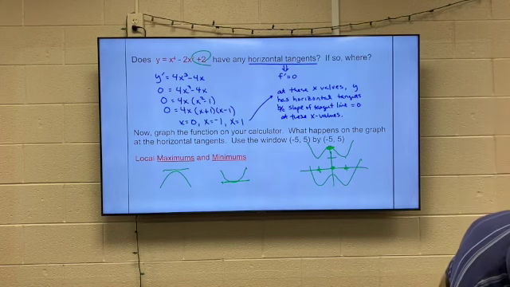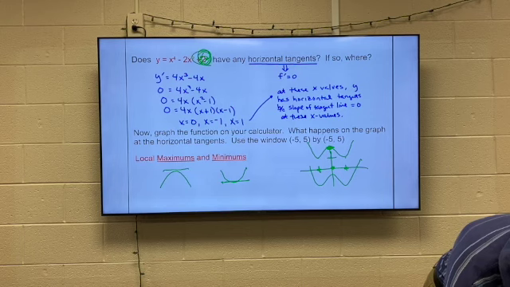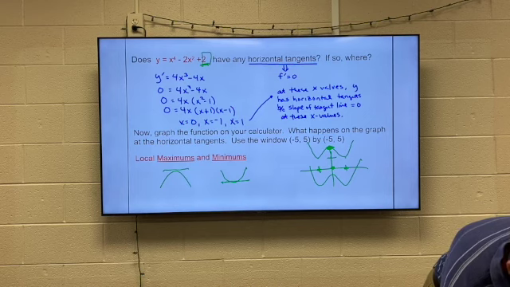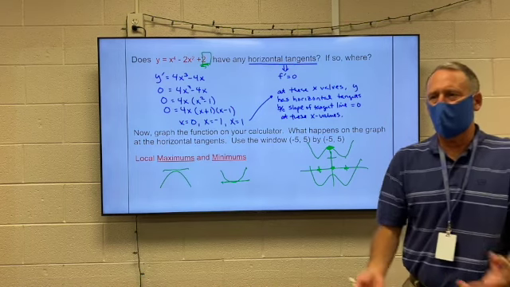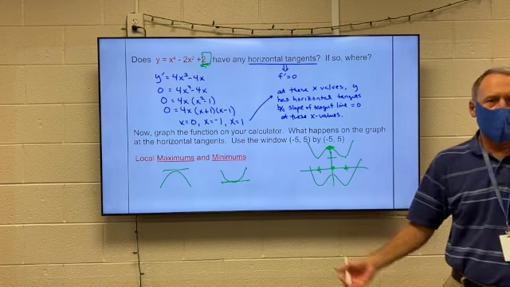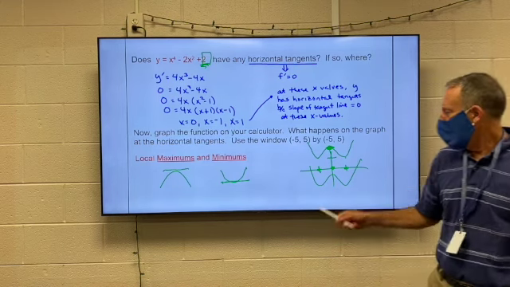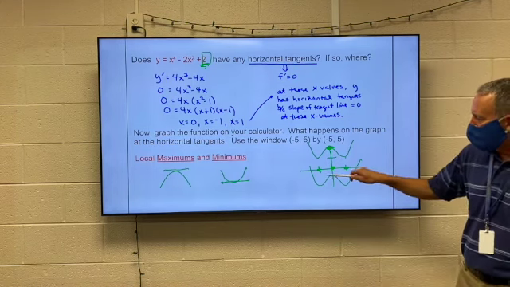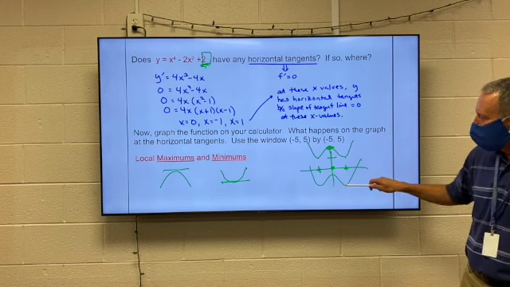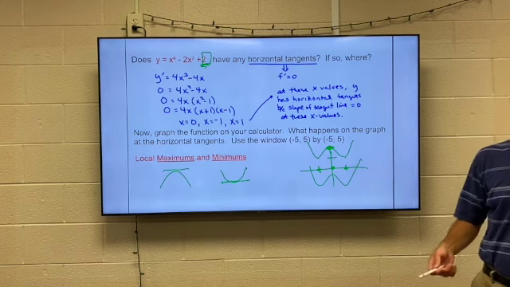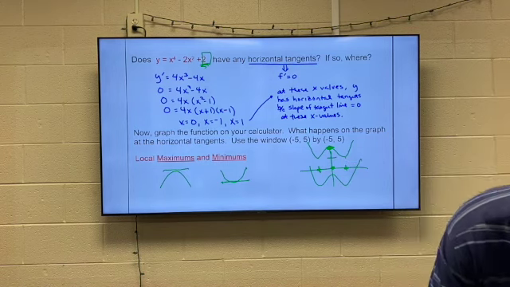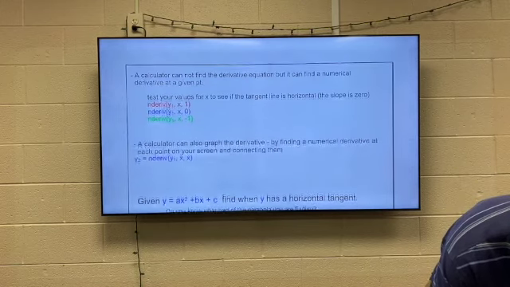Well, if that 2 right there was a 12, when you take the derivative of it, it's still going to be 0, isn't it? No matter what that number is right there, when you take the derivative of a constant, you're going to get 0. So it doesn't matter shifting up or down. It's not going to affect the derivatives at all. At 0, you're still going to have a horizontal tangent. At 1, you're still going to have a horizontal tangent, no matter whether you're up or down. So that's a good thing to know as well. We'll talk more about that later.